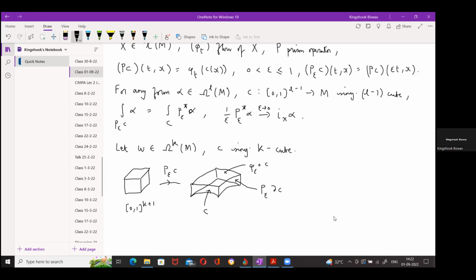Is this clear? Okay. So the boundary of P epsilon C is the top minus the bottom, so phi epsilon composed with C minus C, minus the vertical sides. So that's minus P epsilon of boundary C.